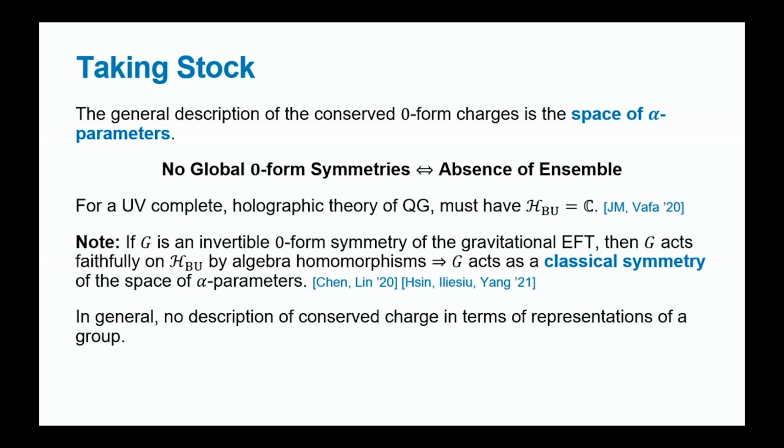So if you start with a gravitational path integral that has just a regular zero-form invertible group symmetry, then this group will be realized as a symmetry of the ensemble, not a symmetry of any member of the ensemble. But in general, there's not a description of the conserved charges of closed universes in terms of the action of representations of a group. That's just not the right structure. The right structure is that we have an ensemble of alpha eigenstates.